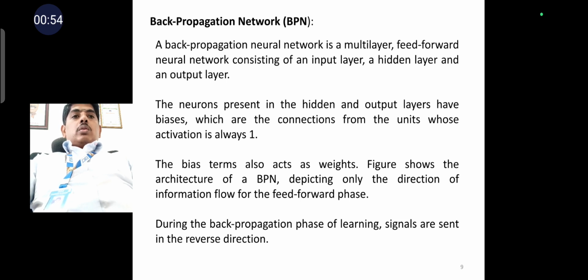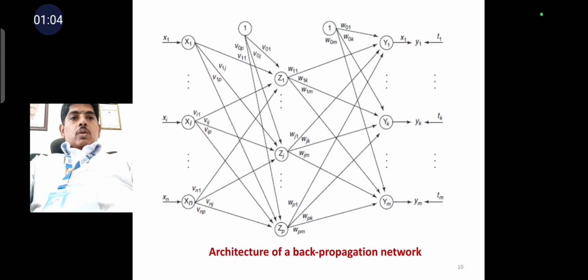For the nth neuron of the input layer and the hidden layer we represent it by VNN.